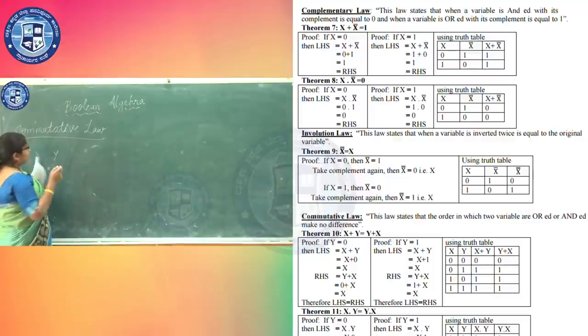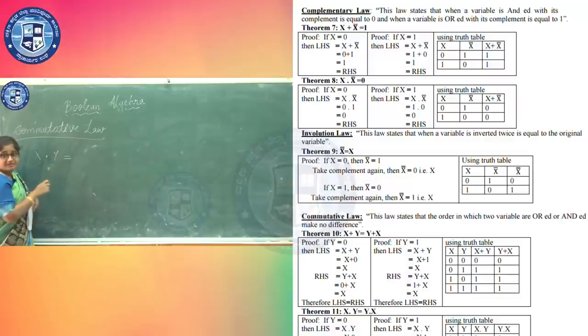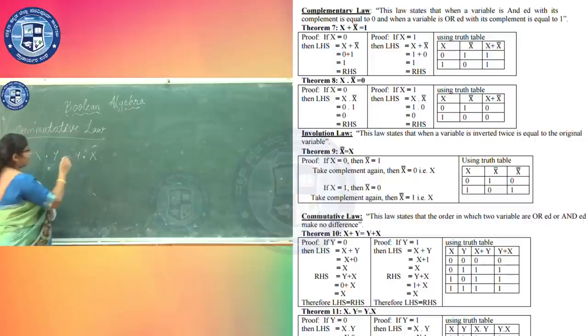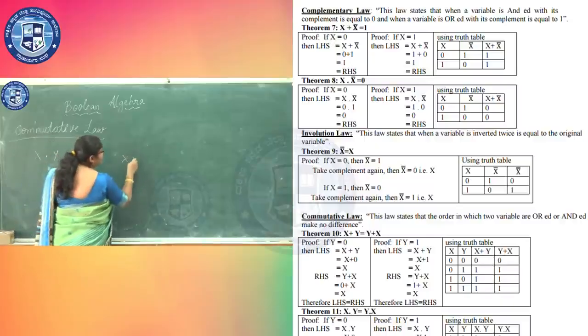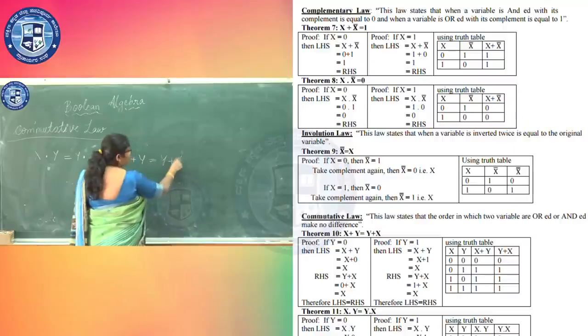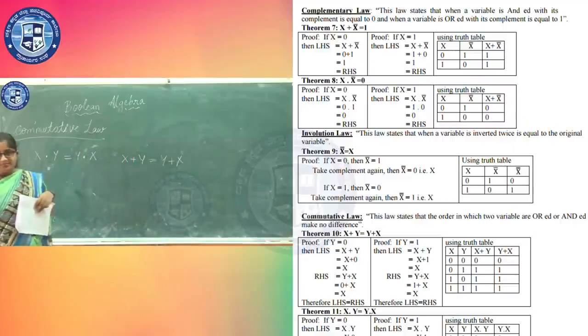The order in which they are ANDed will not make any difference. y and x, or x and y, is equal. ANDing x with y or y with x doesn't make any difference.